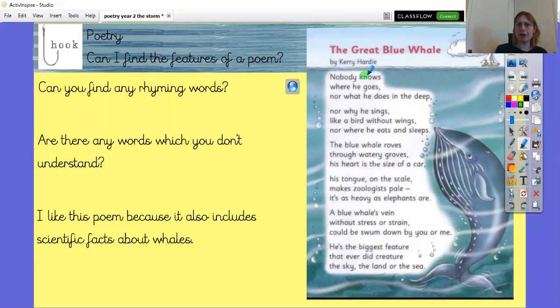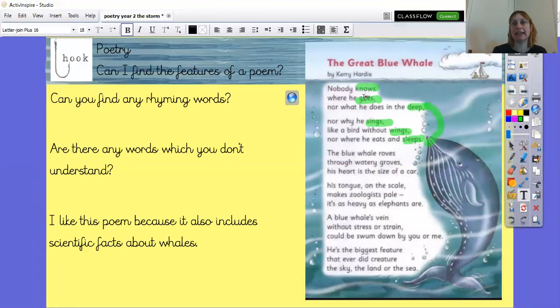So, nobody knows where he goes. Knows and goes are words which rhyme. Nor why he sings without wings. Oh, and then look, we've also got deep and sleep. So that bit of a rhyme carries on between two verses. Oh, I should have started by saying that to you.